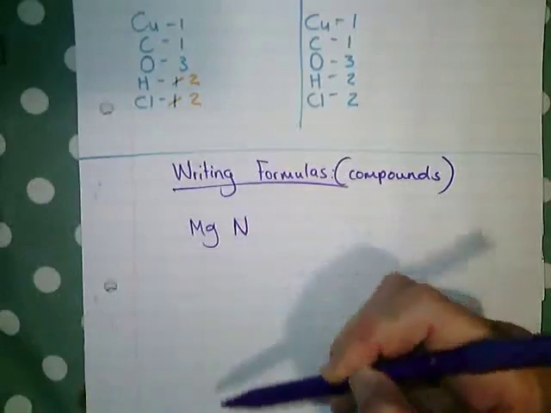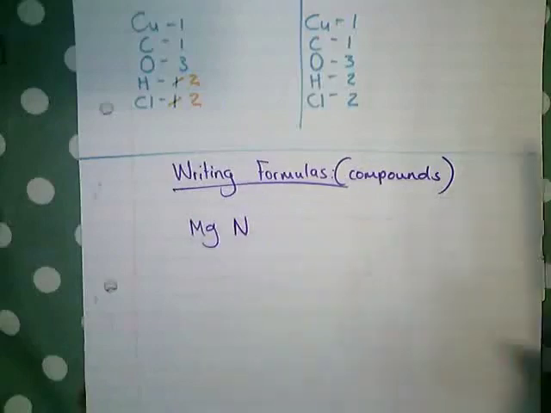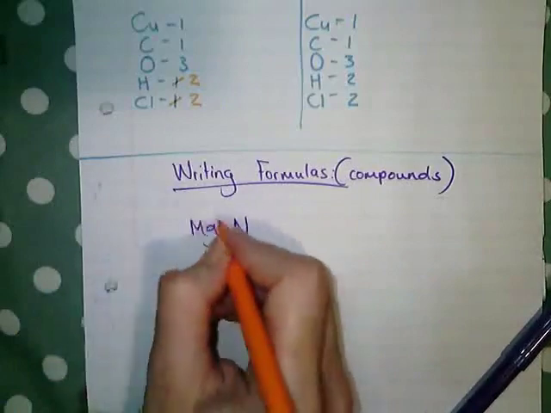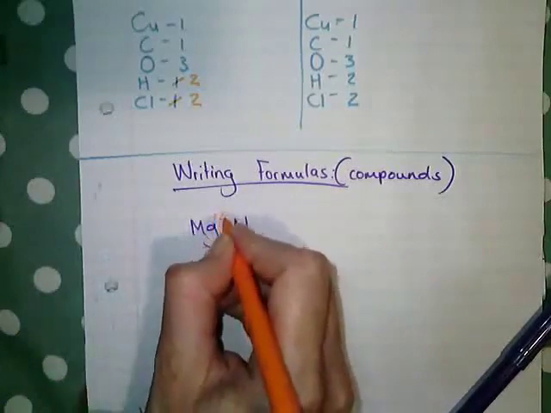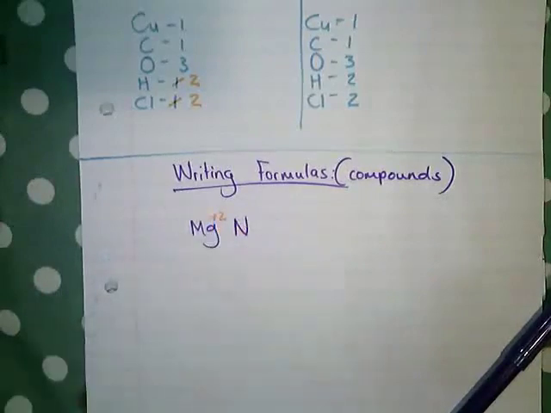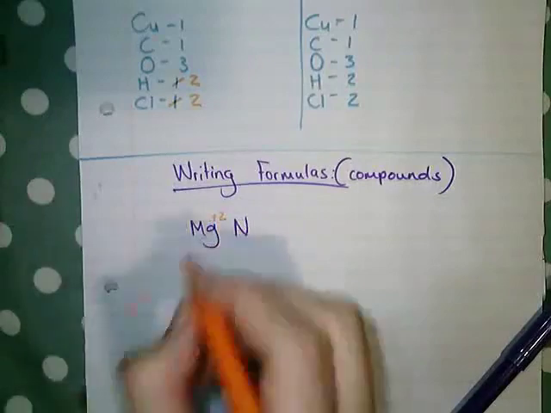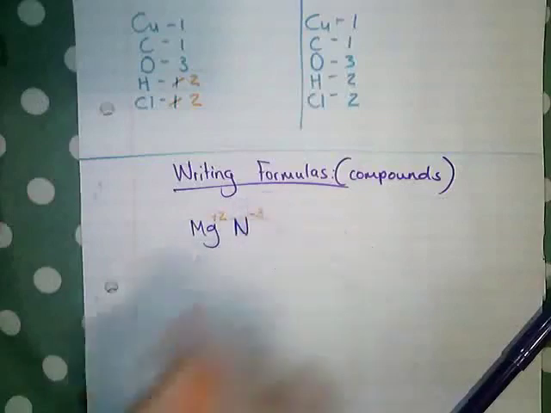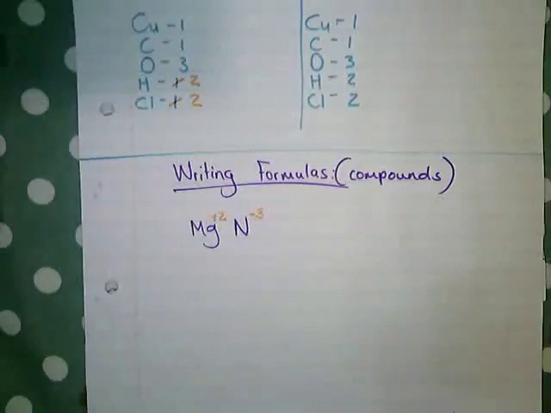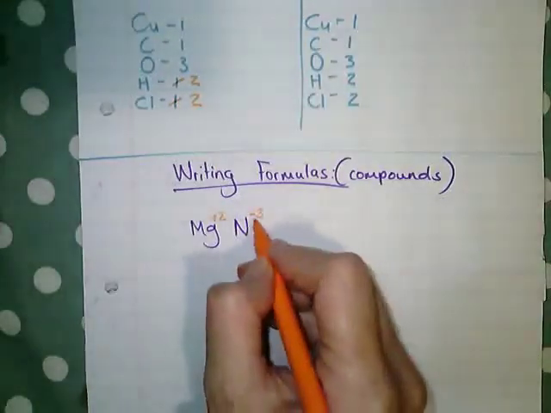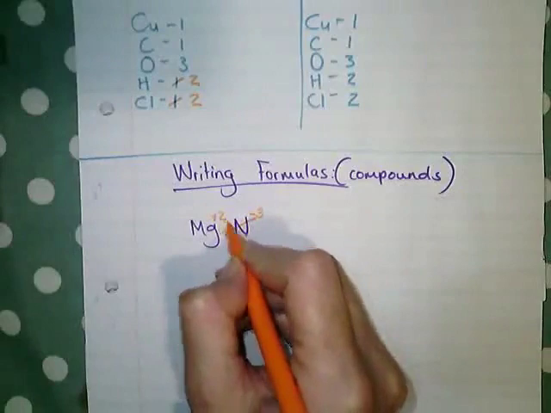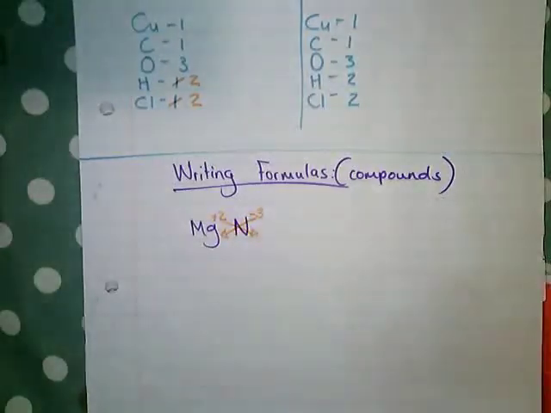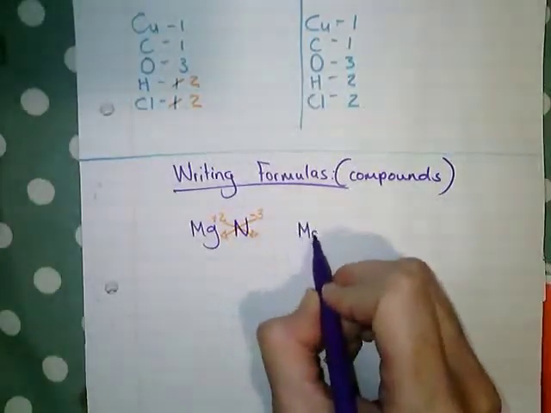So in pencil, you write there magnesium is in group 2, so that's +2. Then you check the group of nitrogen. Nitrogen is in group 5, and group 5 always has a charge of -3, so you write the charge there. Then, in order to write this compound, you cross over the charges. So this compound is going to be Mg3N2, and you throw away the plus and the minus.